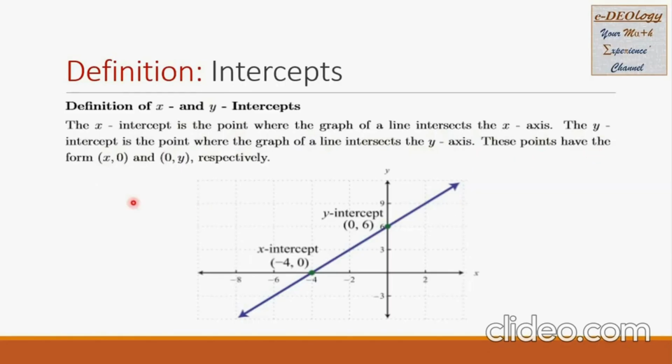These points have the form of ordered pair (x, 0) and (0, y) respectively. In this figure, the line touches the x-axis at this point at (negative 4, 0). So this is the x-intercept. Also, this line intersects the y-axis at this point (0, 6), and this is called the y-intercept.